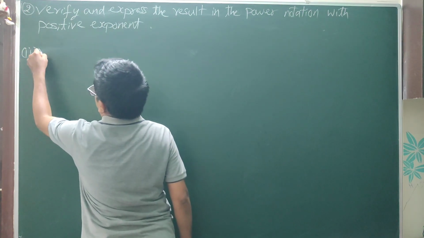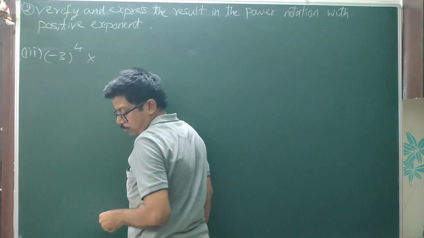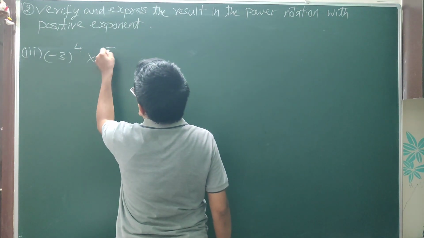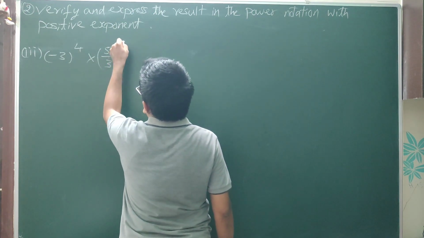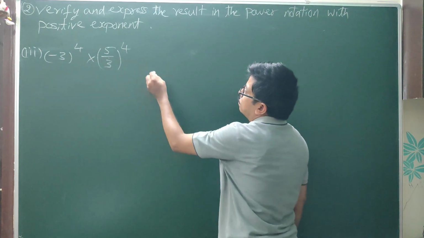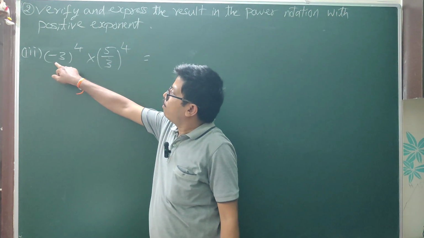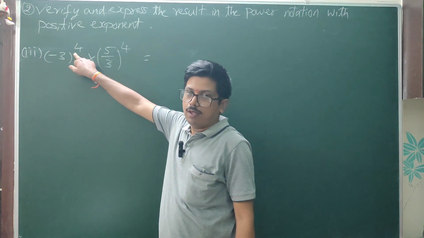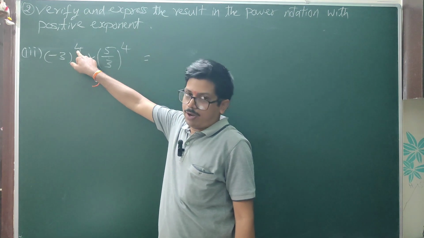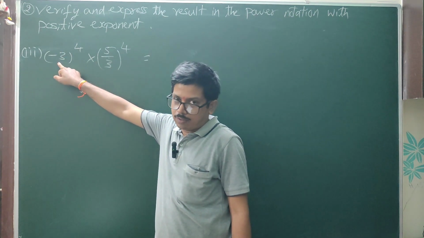So third question, minus 3 whole power 4 into 5 by 3 whole power 4. In this we have minus 3 whole power 4, an even power for a negative base.